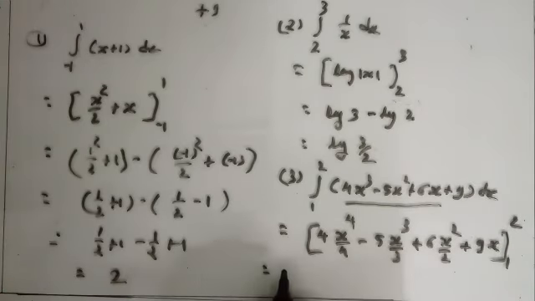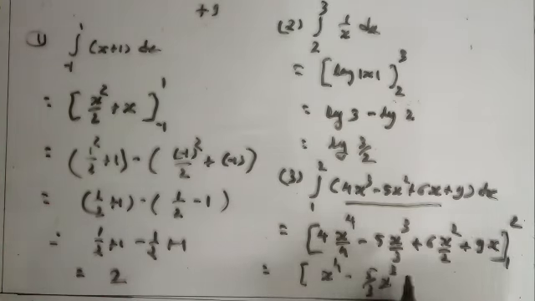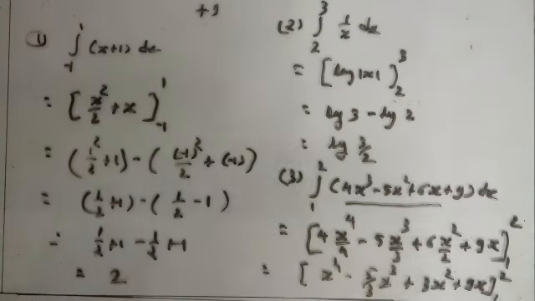Now simplify this first. Here the 4 cancels, so we get x raised to 4 minus 5 upon 3 x raised to 3 plus 3x square plus 9x, with the limit 1 to 2. Clear?